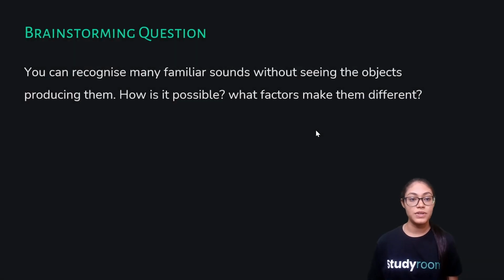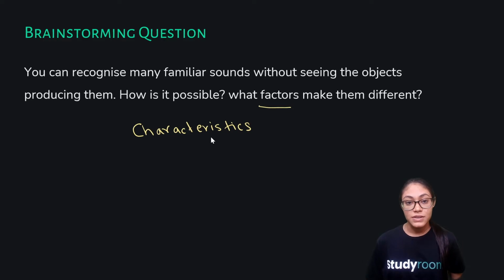Now let's brainstorm this question. You can recognize many familiar sounds without seeing the objects producing them. How is that possible? What factors make them different? What are those factors that enable us to recognize these sounds without actually seeing them? It is because of the characteristics of the sound.